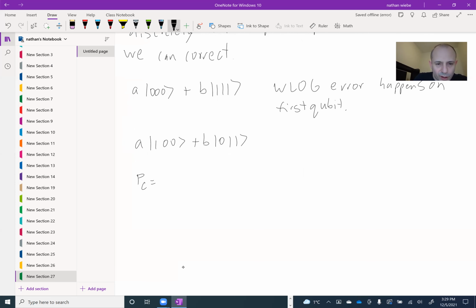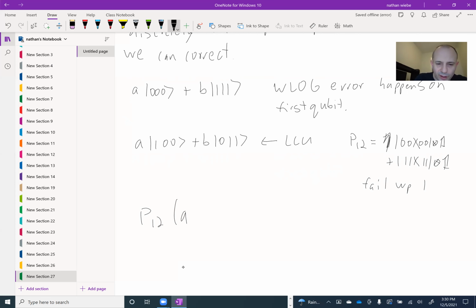Cool. Now, if we try to apply our projectors to this, the application of P12, which is equal to 0, 0, 0, 0 tensor identity plus 1, 1, 1 with probability 1, because P12 acting on A100 plus B011 is just equal to 0.